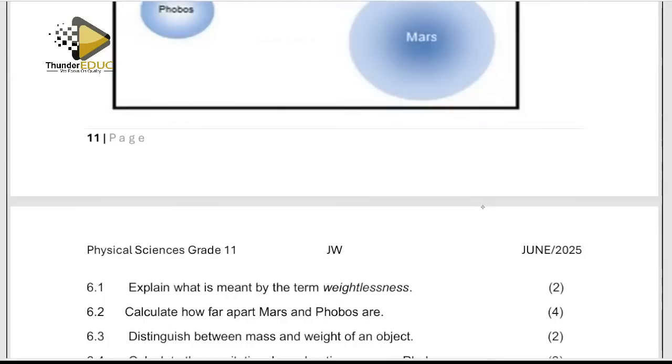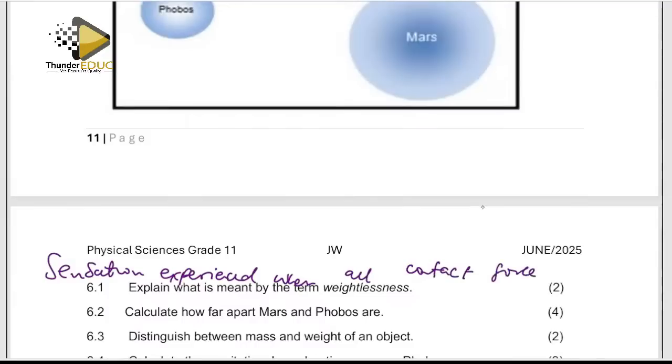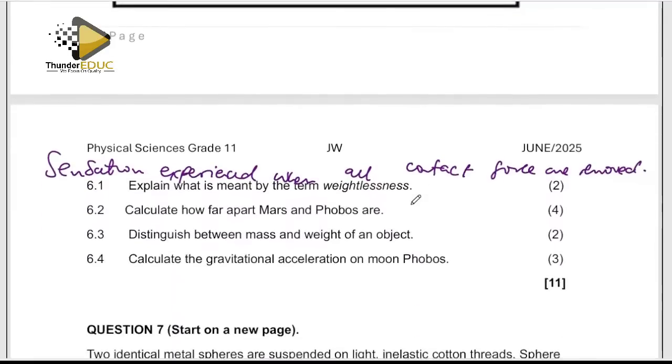So weightlessness is basically a sensation experienced when all contact forces are removed. So if we remove all the contact forces, then whatever you feel, as if you're moving up, as if you're moving down in a confused state, is what we call weightlessness.